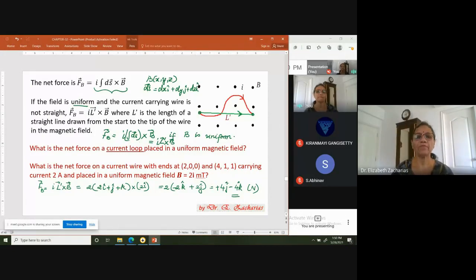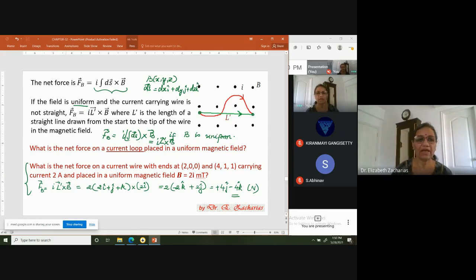Okay, now to give you a feel for this, I've just tried to do a problem here. Look at this. What is the net force on a current wire with ends at (2,0,0) and (4,1,1), carrying a current of 2 ampere?